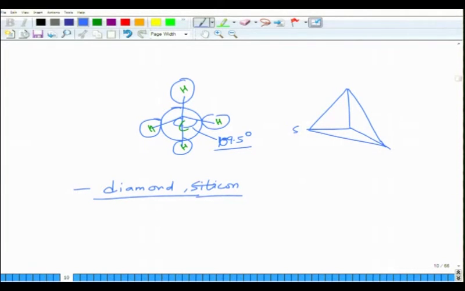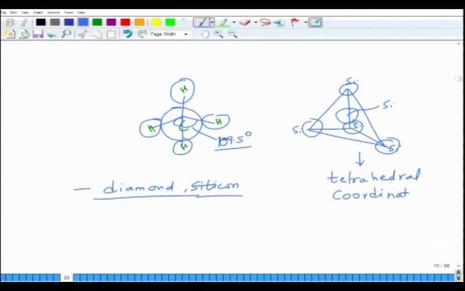This is one silicon, this is another silicon, this is another silicon, this is another silicon, and one silicon will be sitting somewhere in the center. So this is again a silicon, and again they make a tetrahedral coordination by virtue of sp3 hybridization, which would not be possible just by orbital overlap.